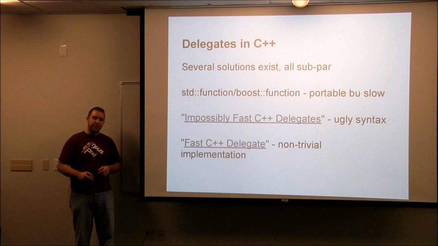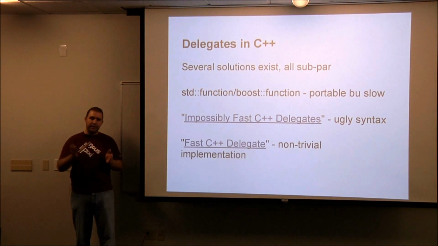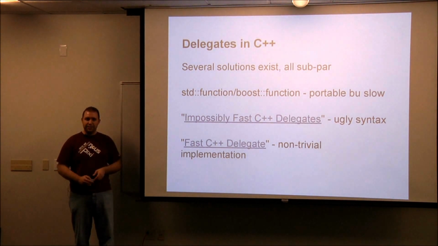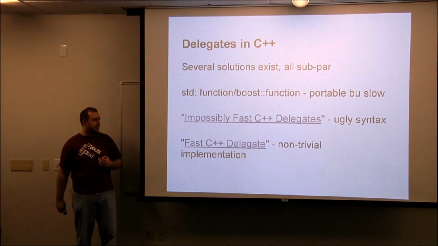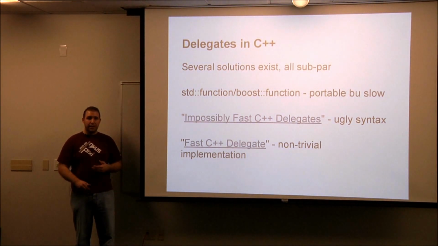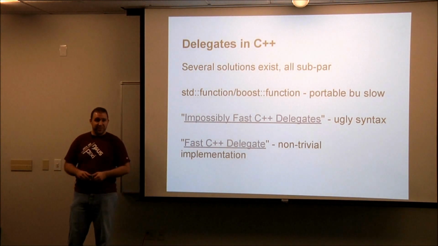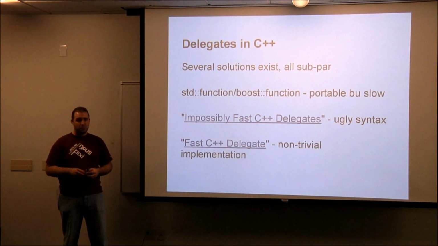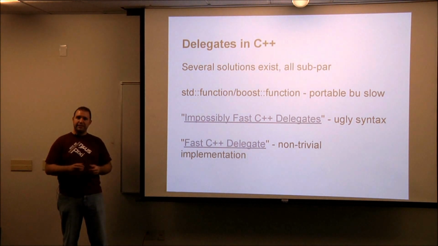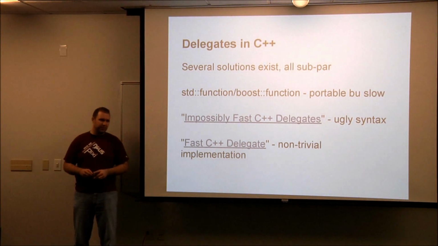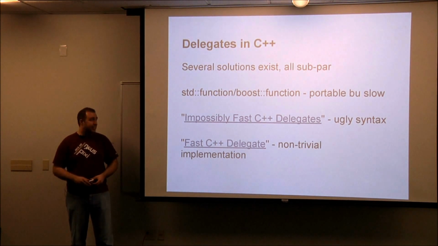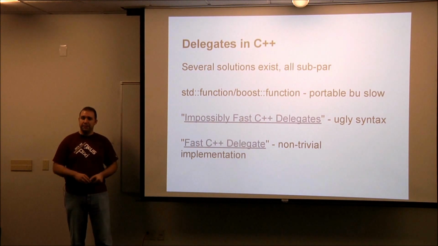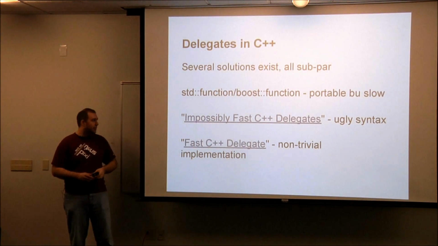Because they can deal with those situations where the pointer size might be 20 or 4, and because you can also bind in C++ functors and lambdas and all kinds of other stuff, they basically work by allocating an object every time you assign something in there, and there's a lot of overhead, and it's not really an ideal use for games. Standard function is very, very stupid. You can pass a float to it, and it won't even crash until you try to call it. Yeah, so that's not good. We definitely like compile time errors up front to warn us when we've made a mistake.